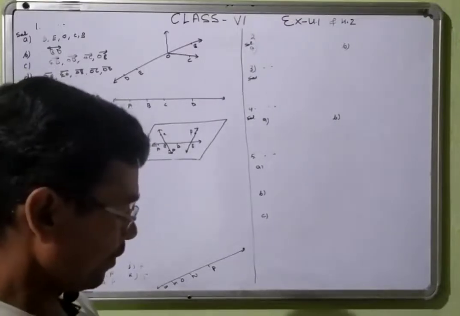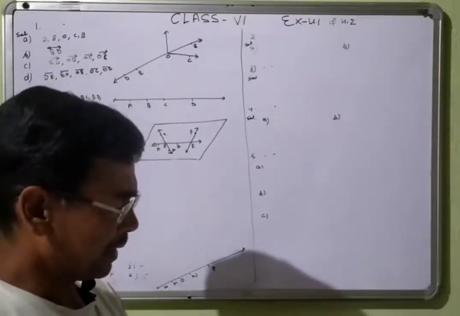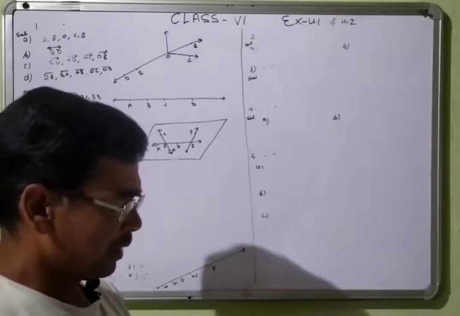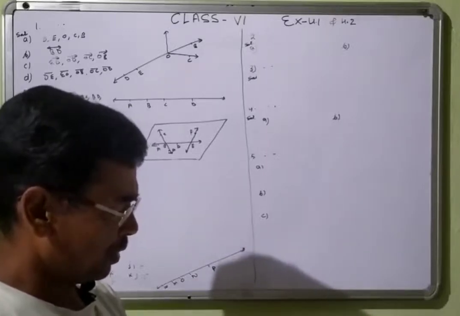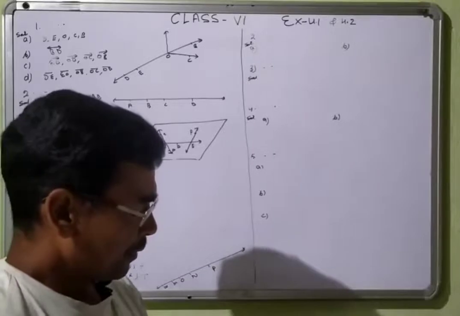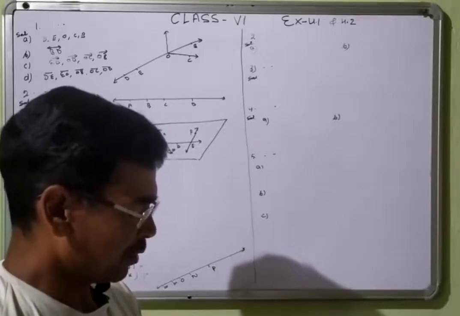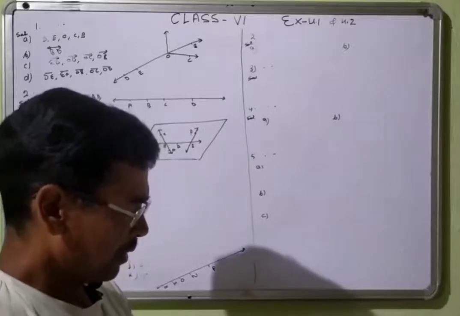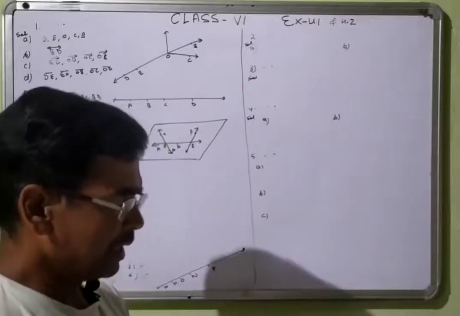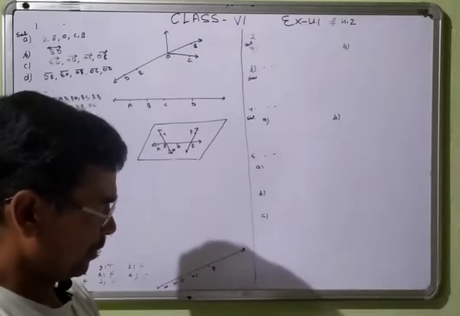Now exercise 4.2. First question: classify the following curves as open or closed. First, A, is open and C is also open, because you are looking at the curve, not closed. B, D, E are closed.